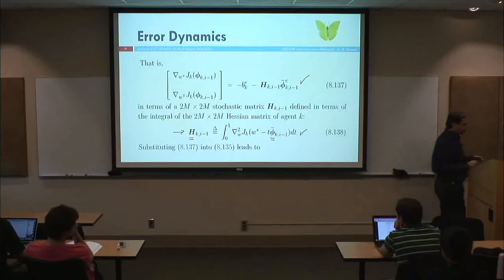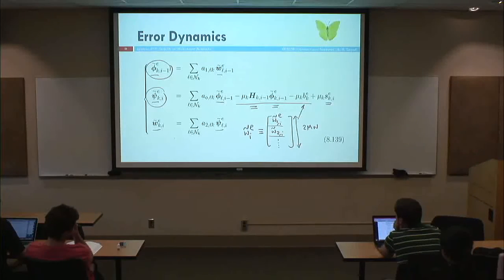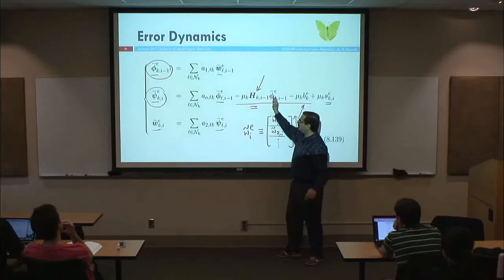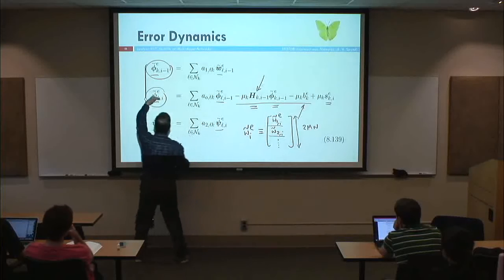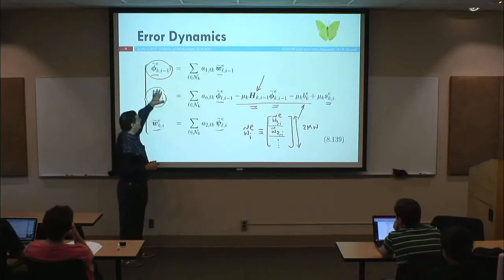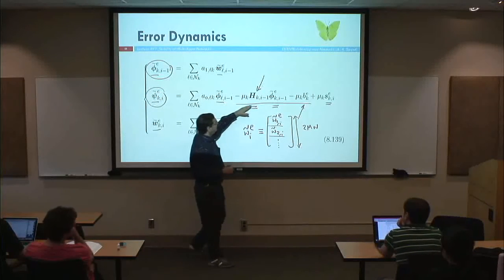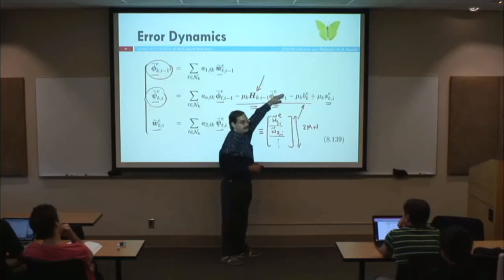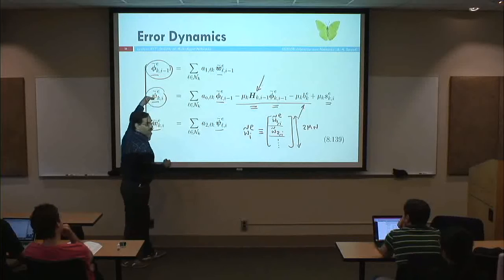Now, if your H here were block diagonal, then you could only propagate the top parts of these vectors, because this equation would be decoupled. You understand? You will only need the top block, because this is block diagonal, so the top block multiplies the top part of this, so the top part decouples.